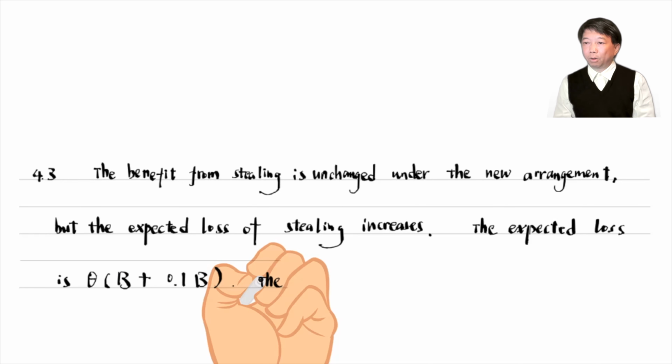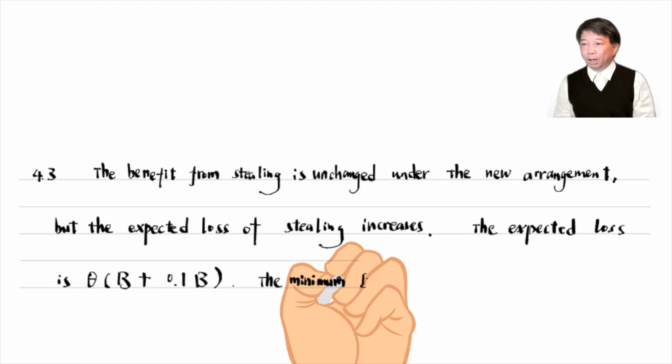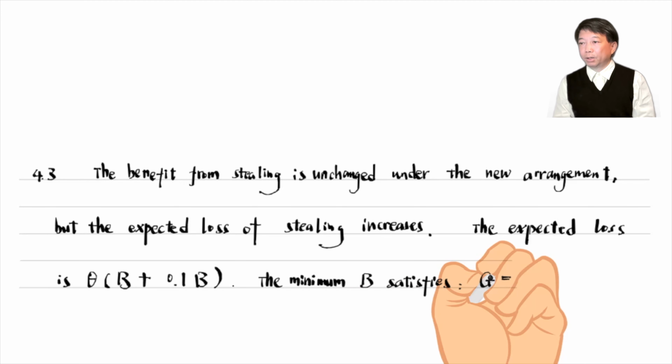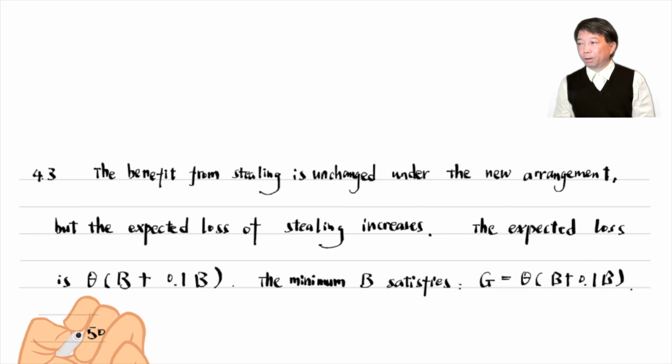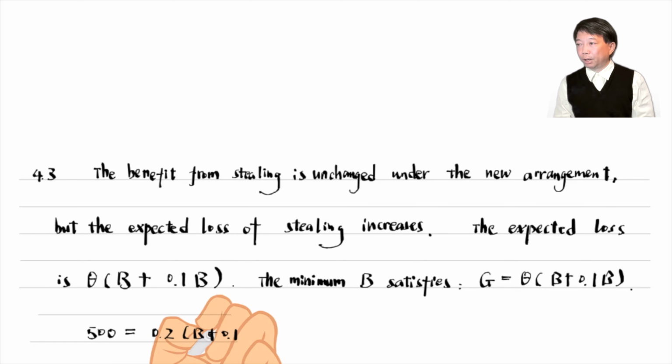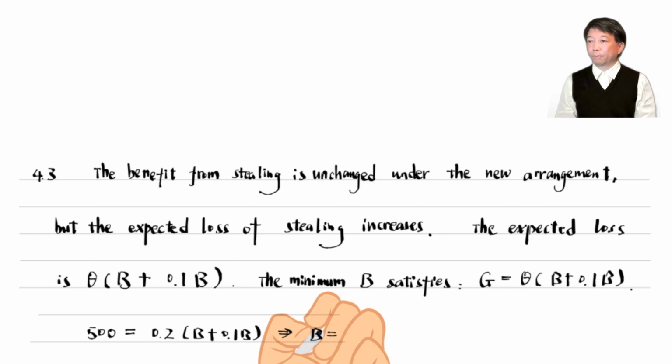The expected loss has two parts now. One is the forfeited bond, and the other is the foregone payment equal to 1% of the bond. The minimum bond satisfies the expected loss equals the benefit from stealing. The minimum bond will be $2,475.